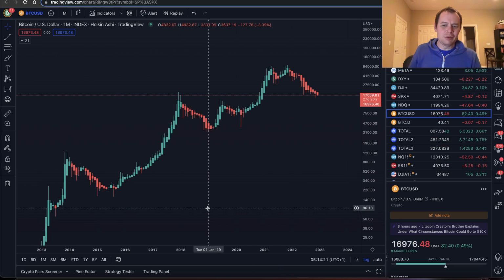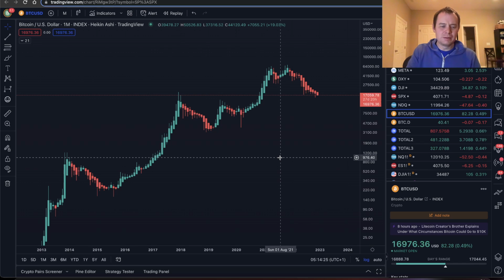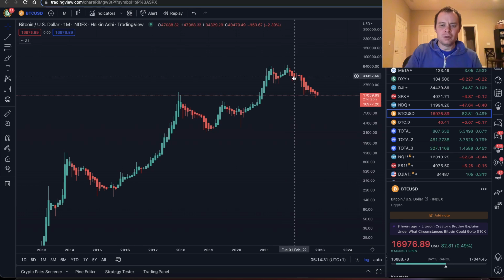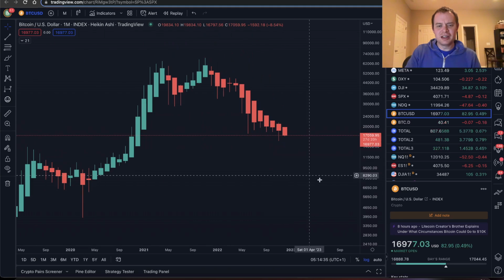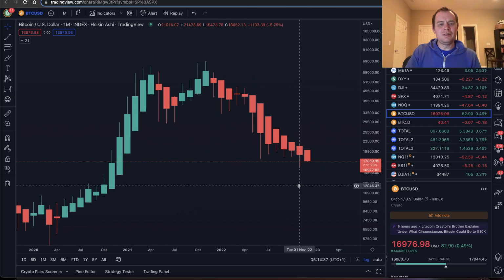And that green will be a welcome sight, I think, to a lot of crypto investors, because it'll show that finally there's some reprieve from this bear market that we've been in for quite a long period of time. But I do think these monthly Heikin-Ashi candles can be quite useful.